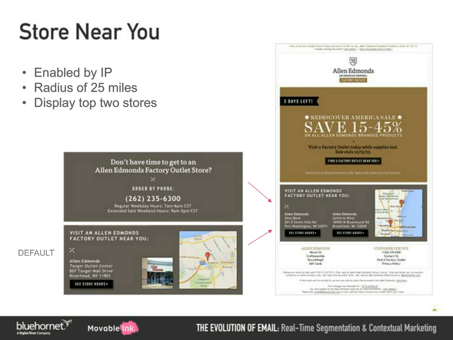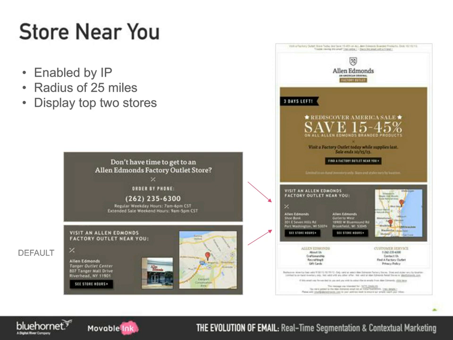So here what we did is we built a pretty creative, using maps, the image of our store, showcasing the store address and location, along with a call to action to click through to see the store hours. And we leveraged the IP data and zip code with a radius of 25 miles to then show the top store.